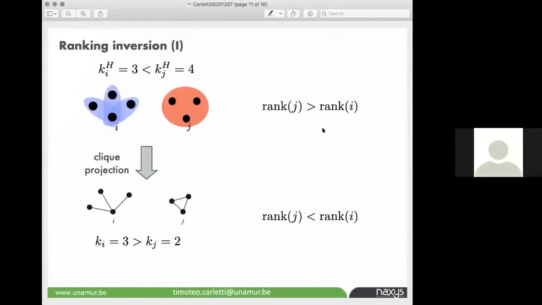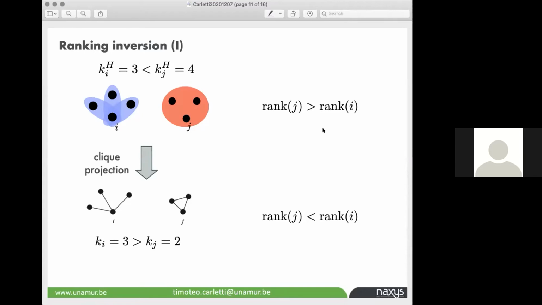There are several interesting things. I will focus here on one thing, which is the ranking inversion. As I said, the top ranked nodes in the random walk depend on the degrees in the case of networks, and on the hyperdegrees in the case of hypergraphs.